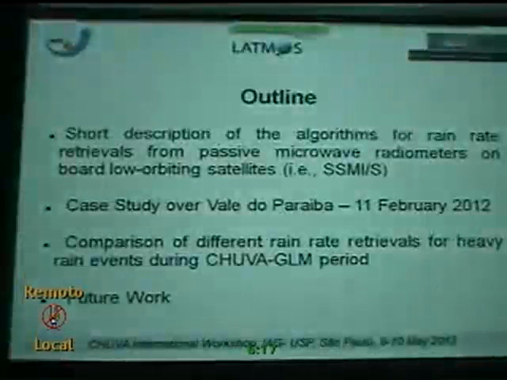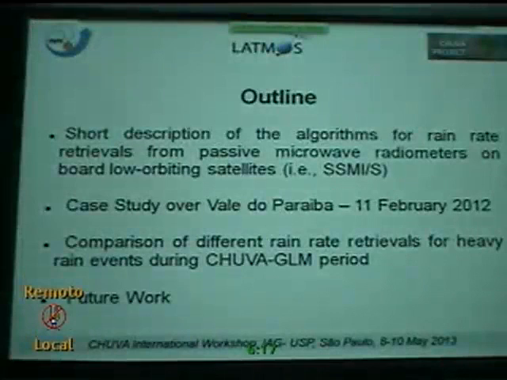This is just the outline of the presentation. I will make a short description of the algorithm for rain rate retrieval from passive microwave radiometers on board low orbiting satellites, like the SSMI sensor on board DMSP.